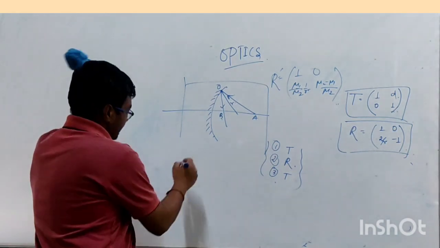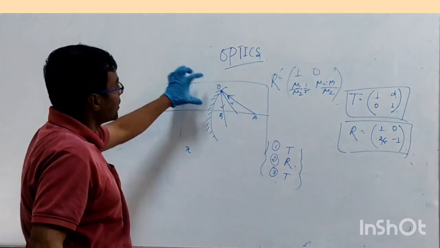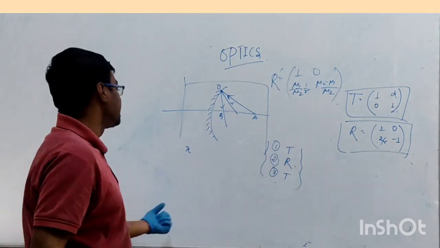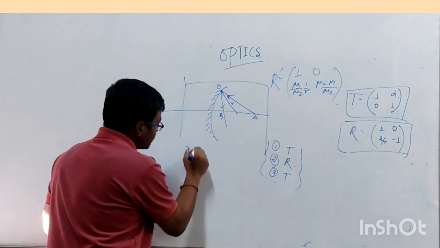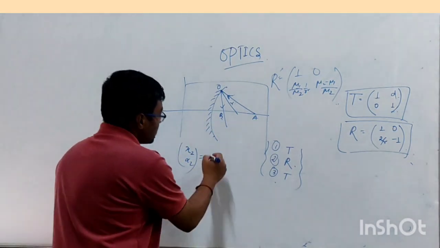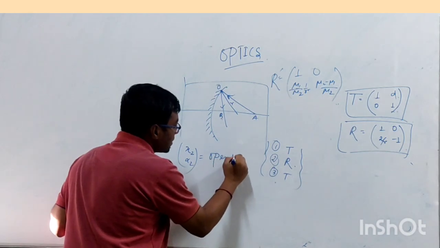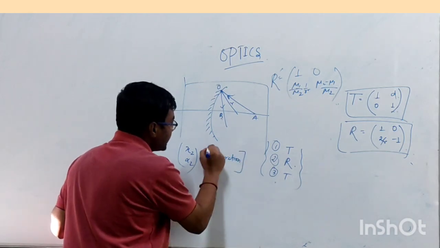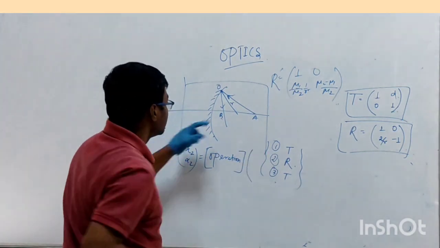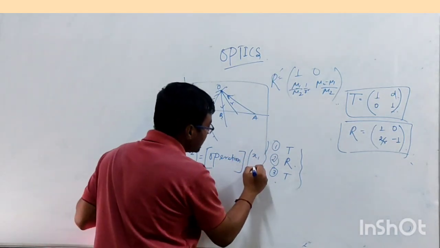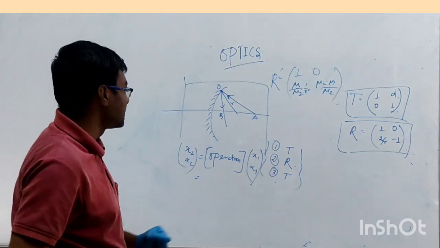If we consider x2 alpha 2, the final coordinate of the light, then that will be equal to some operation matrix into this initial point x1 alpha 1. So what will be the operation matrix?